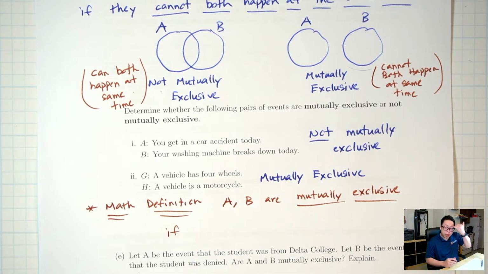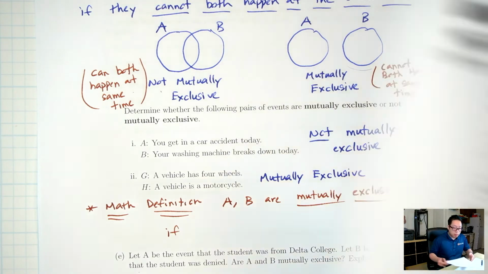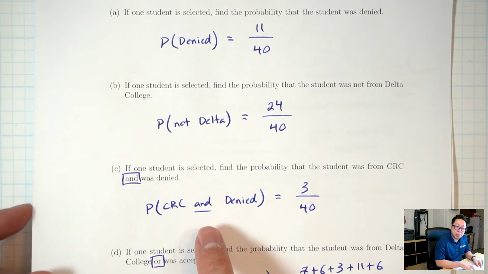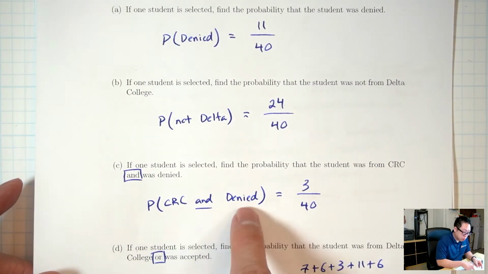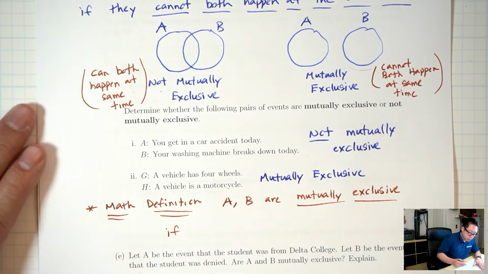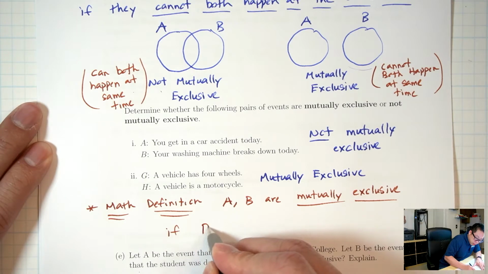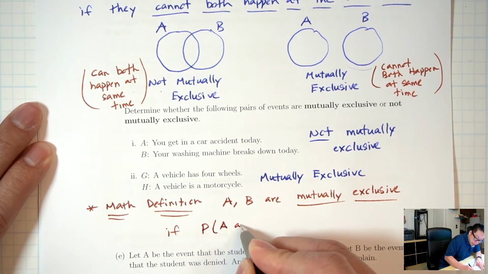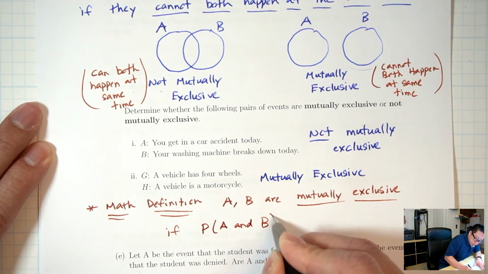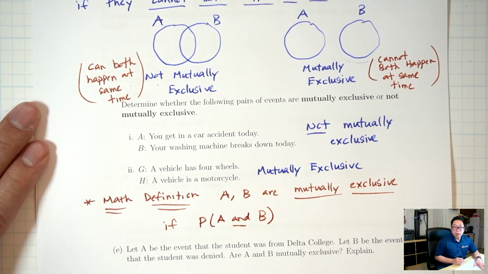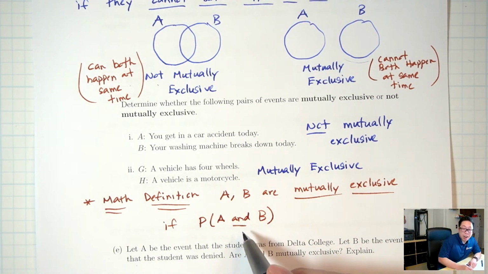On the front page, we talked about the word and. The word and meant both of the requirements happening at the same time. That's exactly what we're talking about here: the two events, A and B, happening at the same time. And we're saying that they cannot happen at the same time.